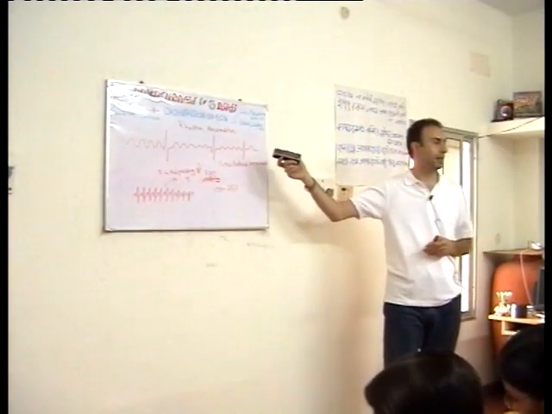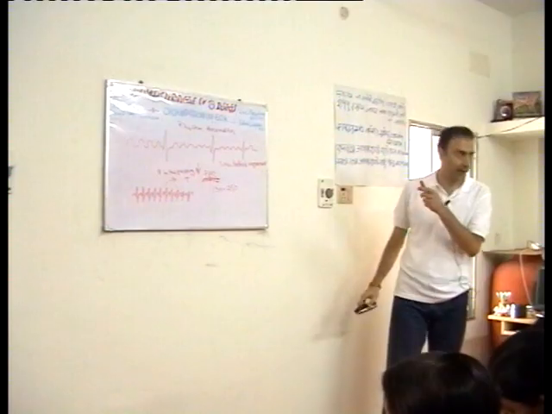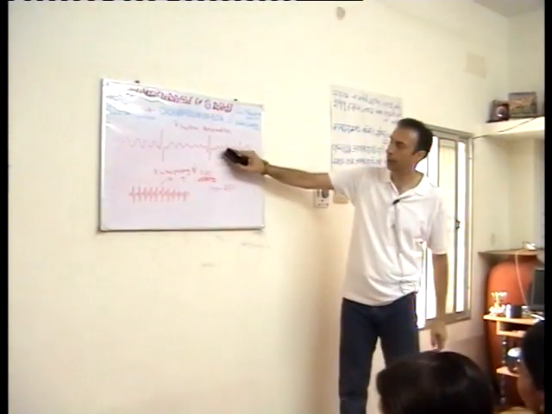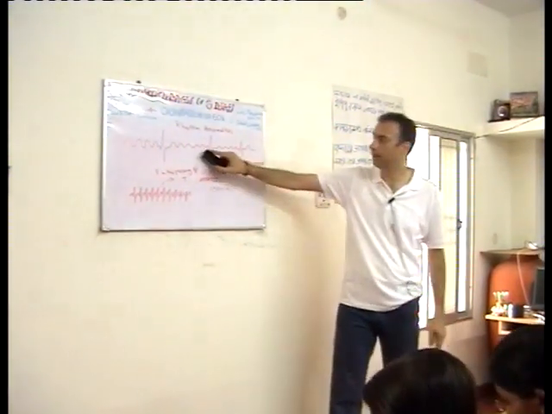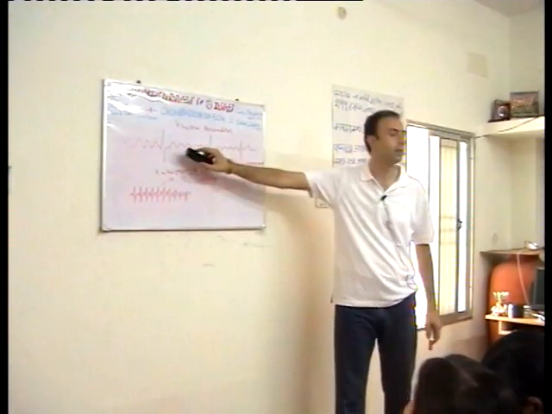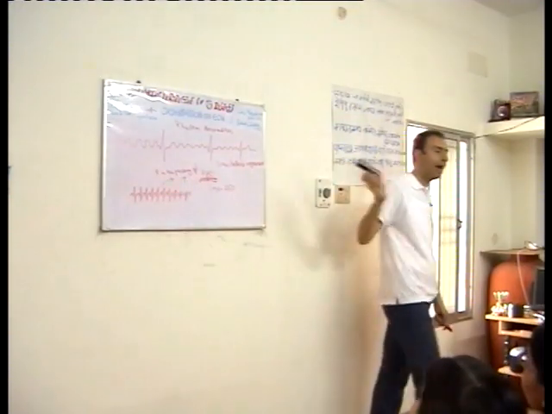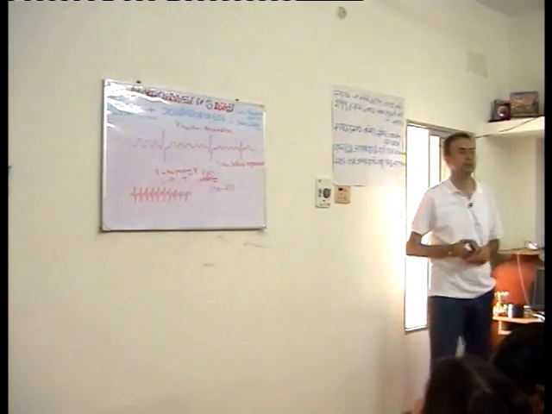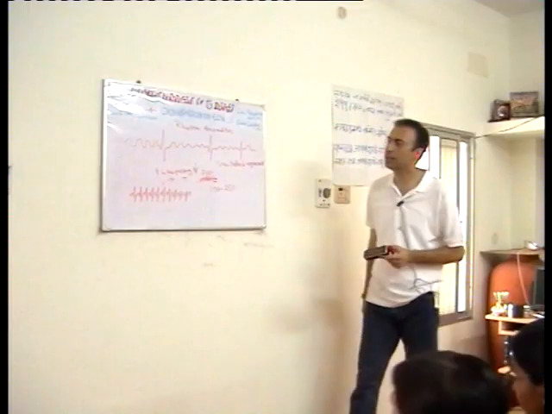Sawtooth appearance is there. The speed is high. Atrial rhythm is very fast. Ventricular rhythm is slow. So we have irregularity.